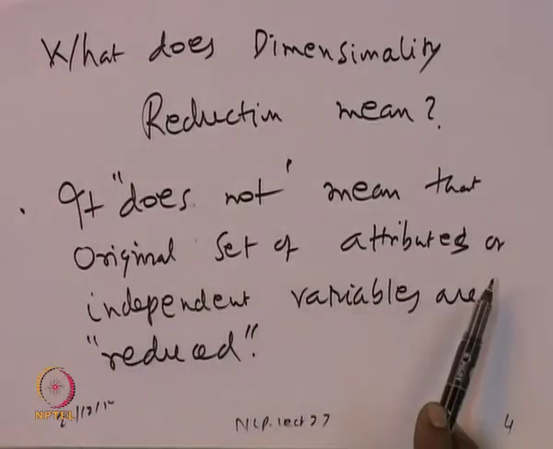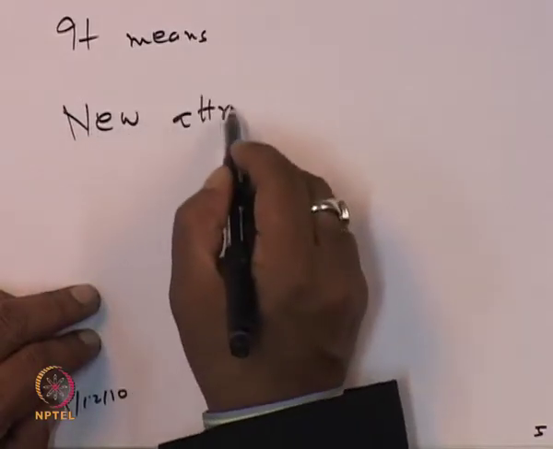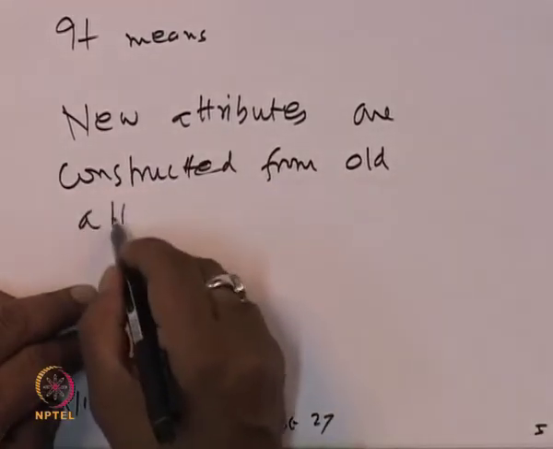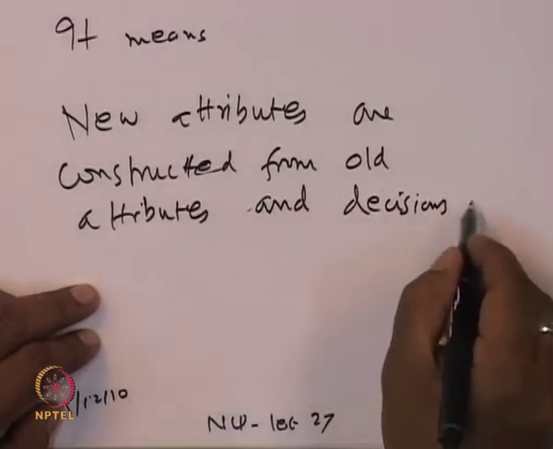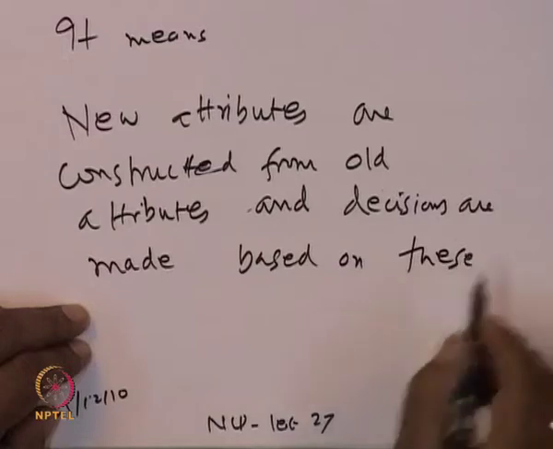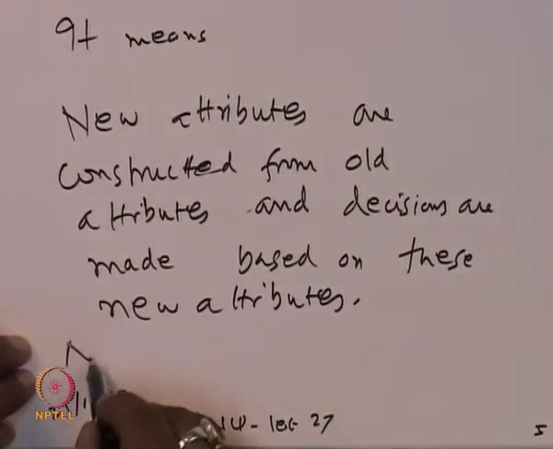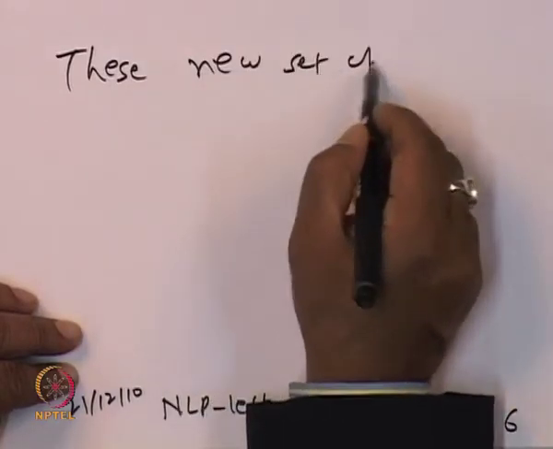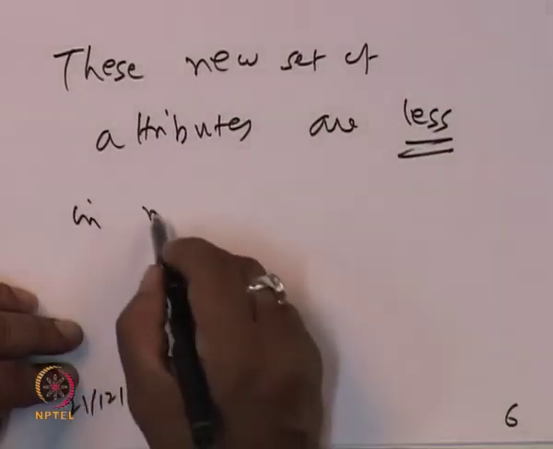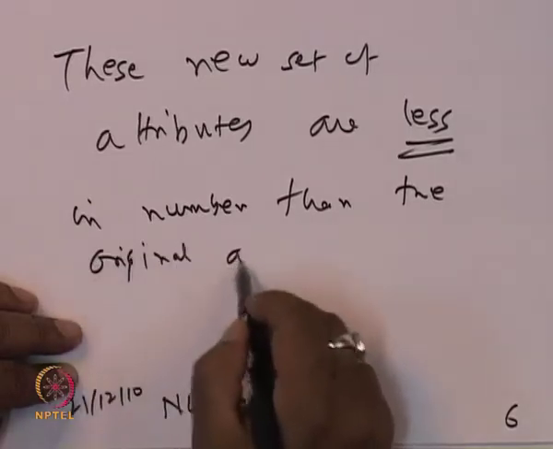What it means is that new attributes are constructed from old attributes and decisions are made based on these new attributes. More importantly, this new set of attributes is less in number than the original attributes.